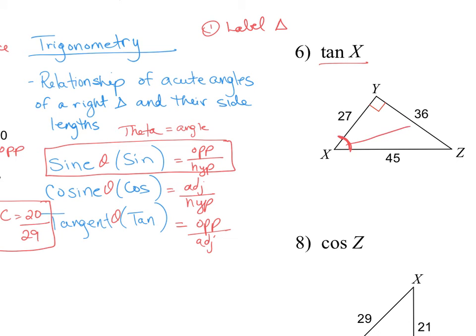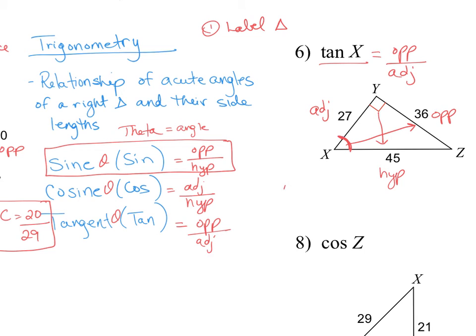So directly across from my angle is always my opposite side. Across from the right angle is always the hypotenuse. And then by default, we have the adjacent side. Now, the tangent of x, based on the definition of my function, is the opposite side divided by the adjacent side.